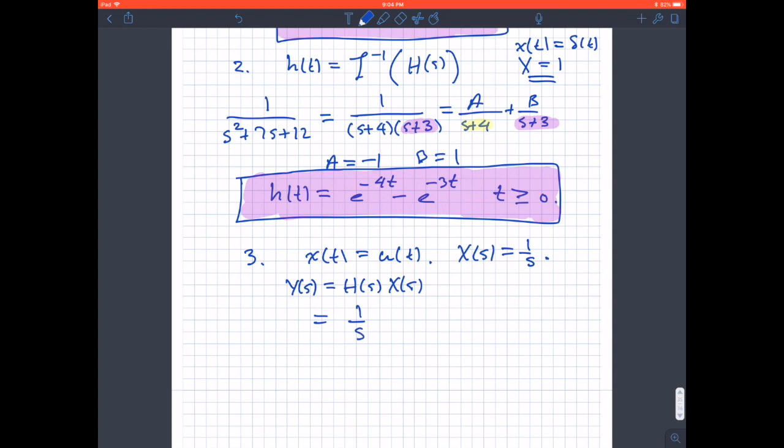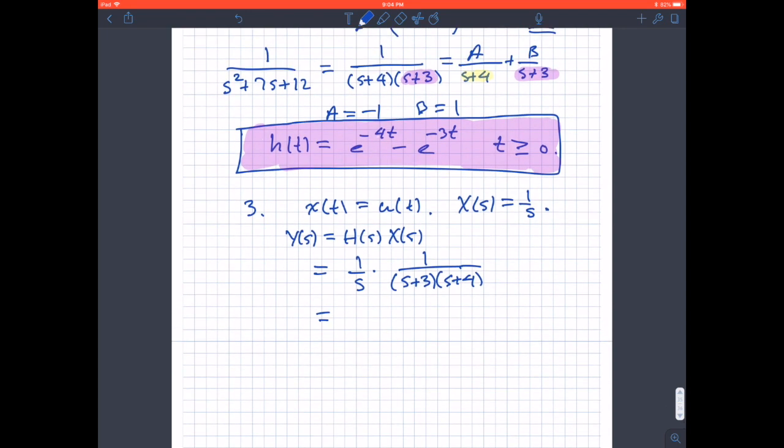It would be 1 over s times H, which is 1 over s plus 3, s plus 4. I'll leave the partial fraction details to you, but this becomes 1/12 divided by s, plus negative 1/3 divided by s plus 3, plus 1/4 over s plus 4. You know how to do the partial fraction expansion.